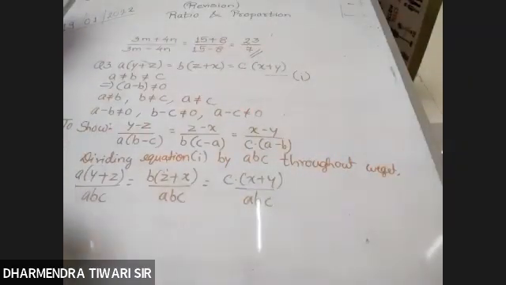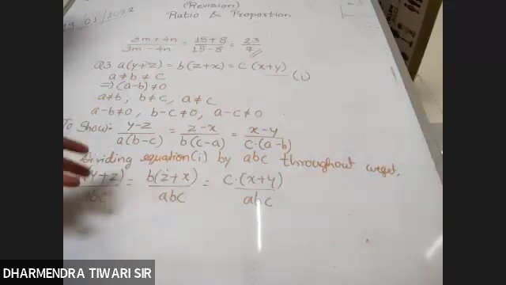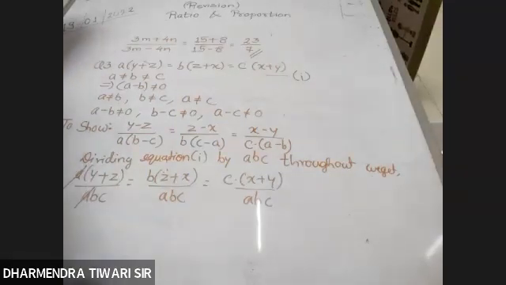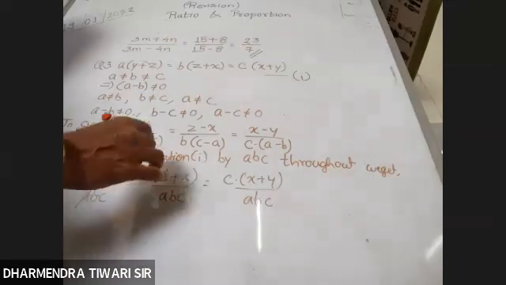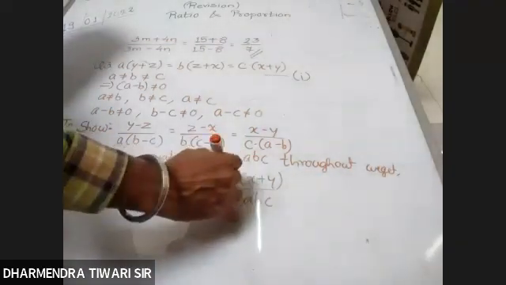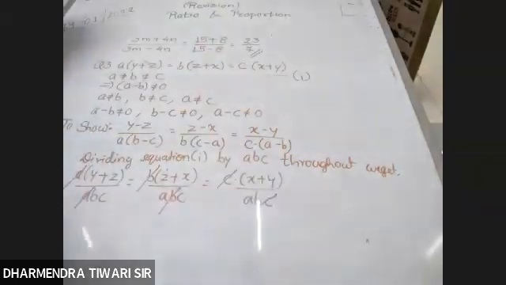So what we can see is present in the numerator as well as the denominator: a. Strike this a. Here, what is the same in numerator and denominator? b. Cancel this b. Here, c. Cancel this c. So what remains?